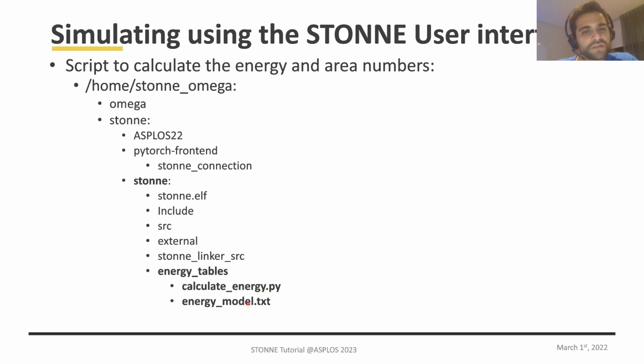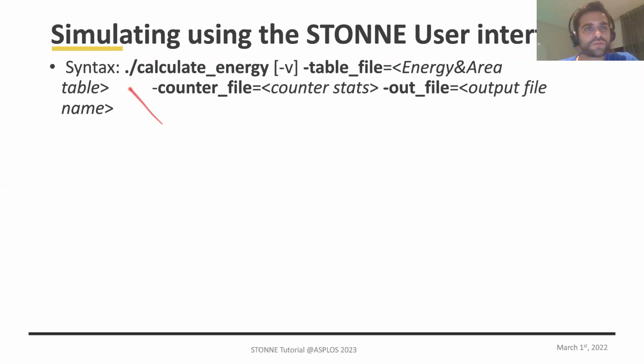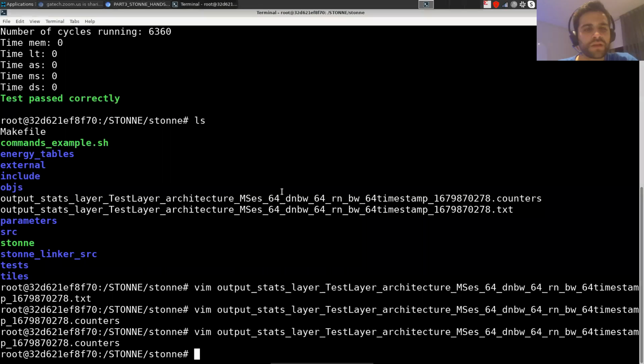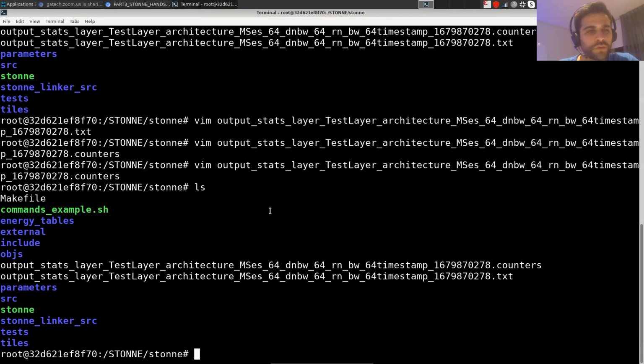And then we have the energy_model.txt, which is the table that can be used to calculate the consumptions. So just running this command, calculate energy, specifying here the table file and the counter file, we can calculate the energy and the area. Let me show it to you live.